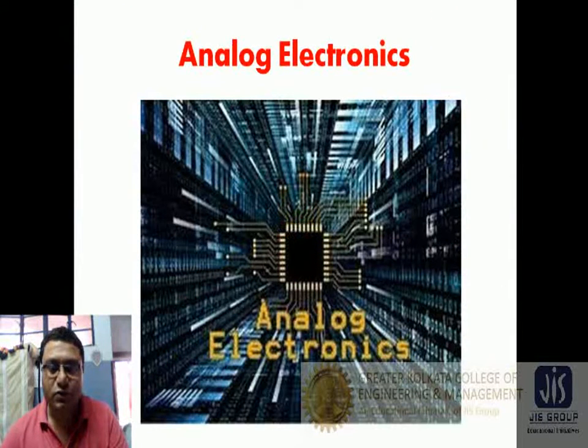In this video, we are going to study the different topics of analog electronics and its applications, how analog electronics apply in our different fields of electronics. We will study different circuits and their parts, explaining them one by one in this topic.